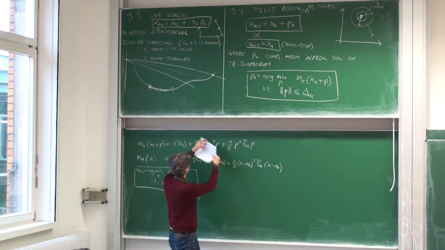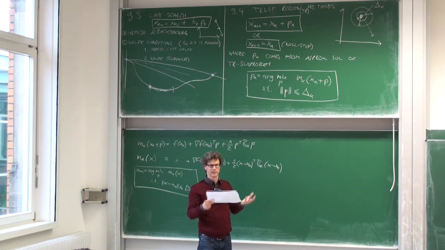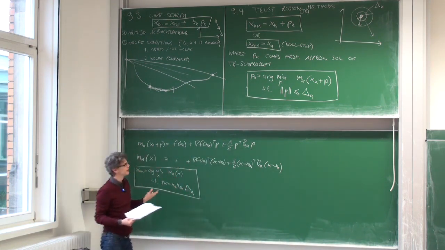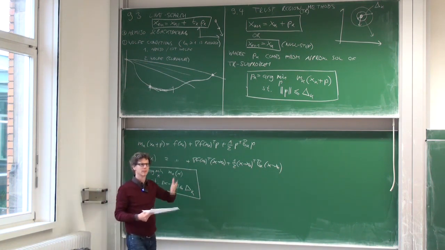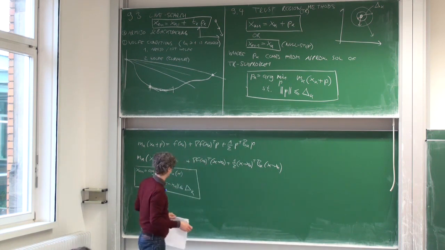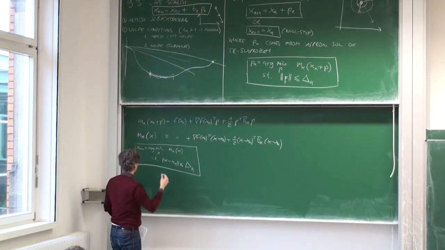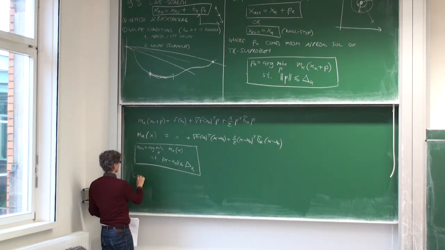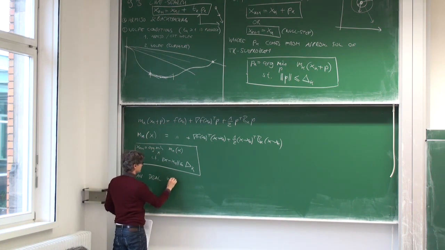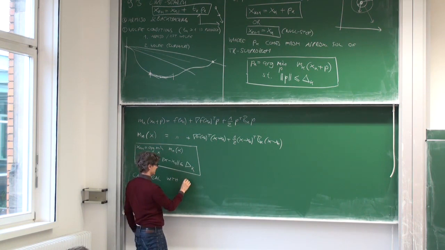Because we just minimize this model without any constraint, these steps would not be defined with negative curvature. Now with this trust region constraint, the step is defined. It might be difficult to compute, but it at least exists. So one of the particular advantages of trust region methods is that they can deal with indefinite Hessians. You don't need to care so much about the positive definiteness of your Hessian.